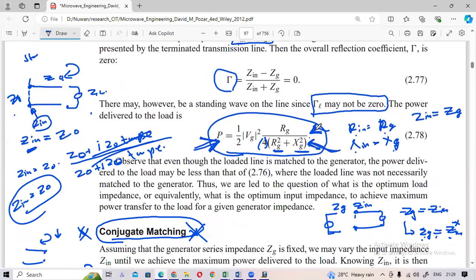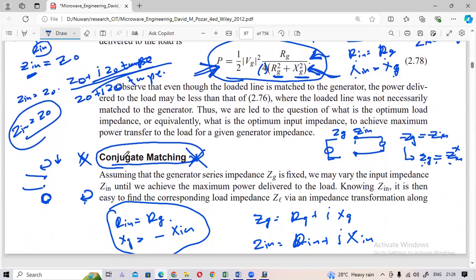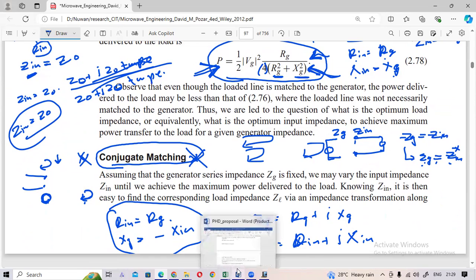But there is a reflection at the load, and this load reflection is very high, so not all the power is transferred to the load. That is what you should understand. But at the conjugate matching, there is a small reflection at the load and at the source. The total reflection is also there, but the overall power transferred to the load is high compared to the other situation. So that is what you need to understand.